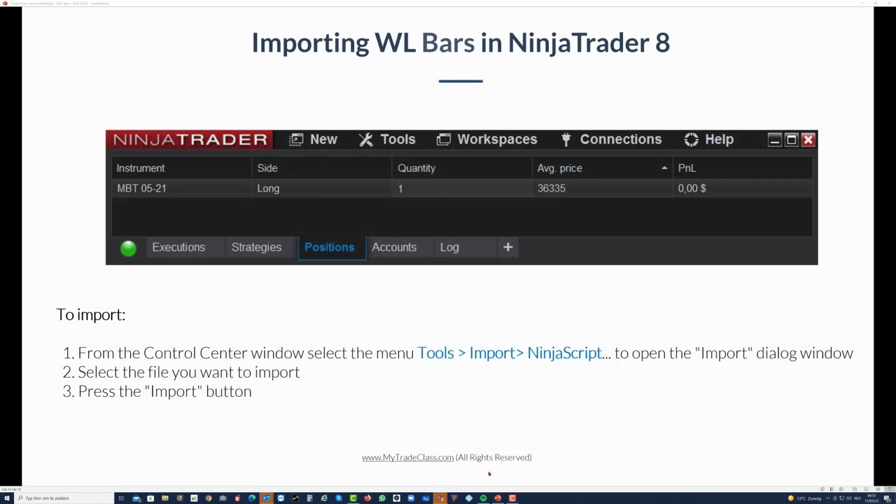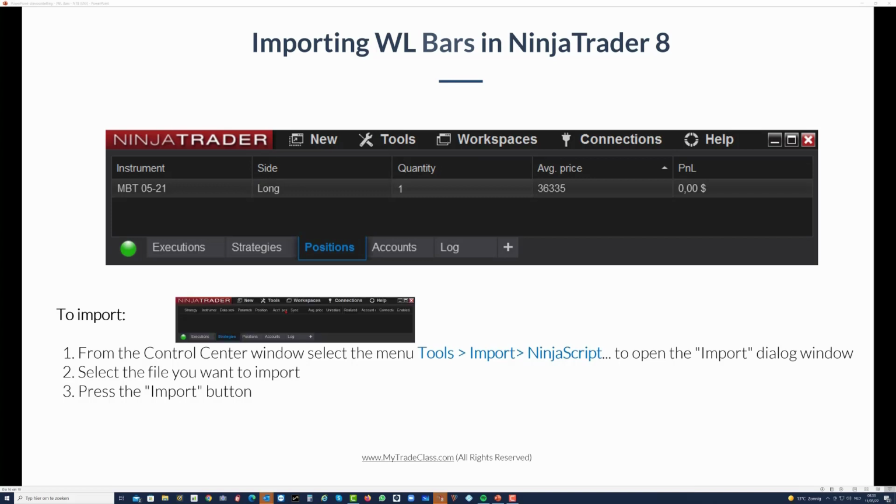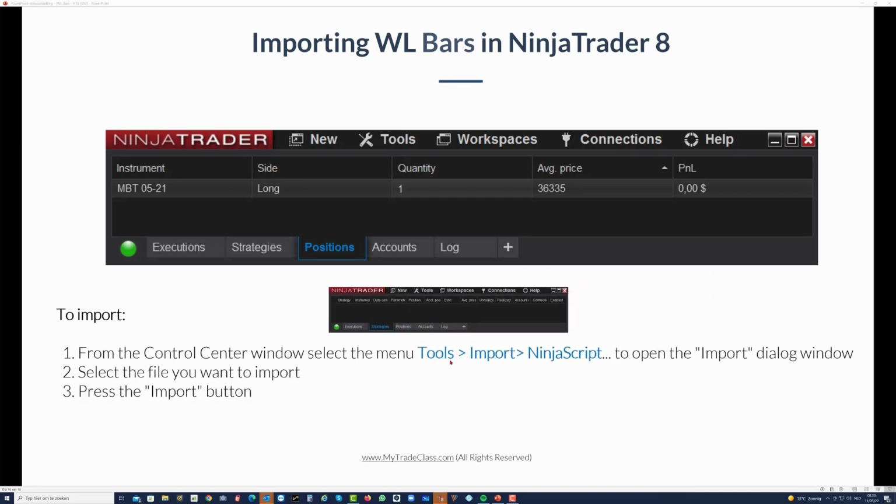I'm more than happy to show this to you. I'll bring it over here. Hold on. So here it is. It's a little smaller, but you go into tools, you go into import, then you go NinjaScript add-on. You just click on there. Normally what I've mailed you, you put it somewhere on your desktop, just click on there, open it, and it will import right away. So it's very, very simple.